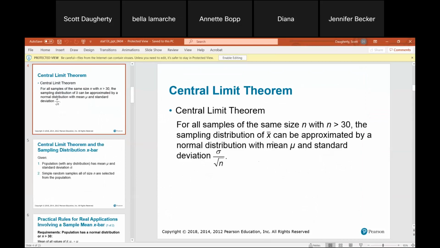What will the average of those X bar values be? Well, they'll be the same as the average of the X values that the population consists of. The mean is not going to change. But the standard deviation of the X bar values is going to go down because everything is getting scrunched towards the middle. That's the reason this is happening.